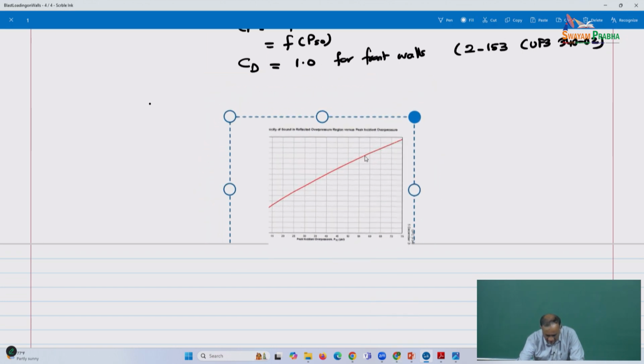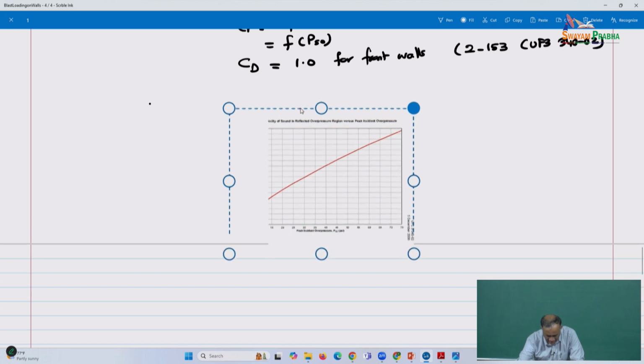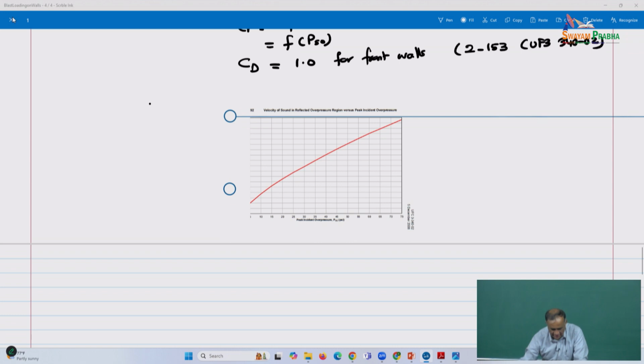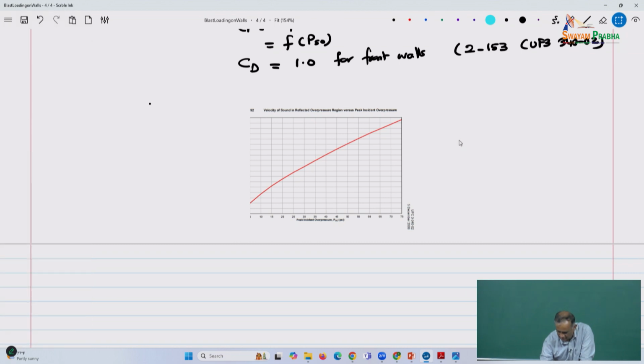Anyway, you can refer to figure 1-2-192. So this is the figure, and I'll show that.